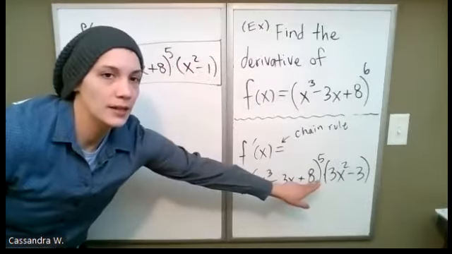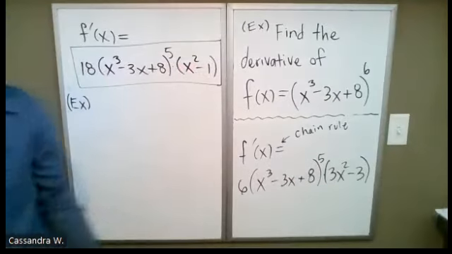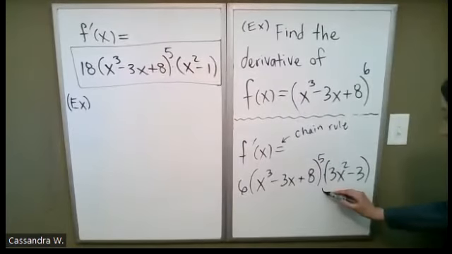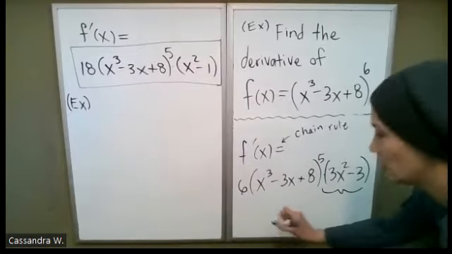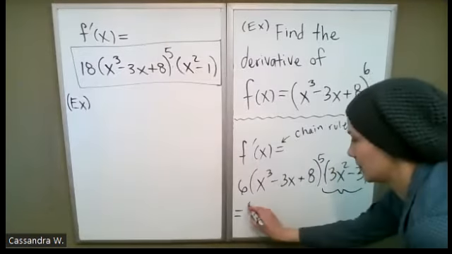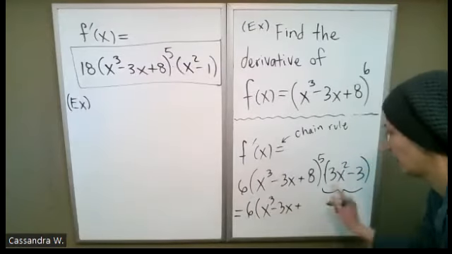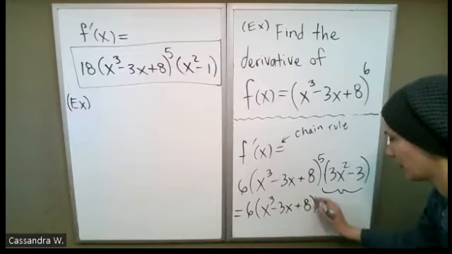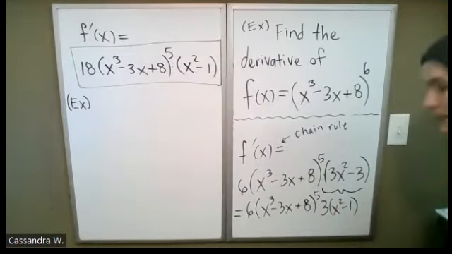Factor out a 3 right here, and then multiply it up front with that 6. Oh wait, you simplified the second equation. You divided by 3. It's the same thing as 3 times x squared minus 1, right? Yeah. Okay, I think I see what you did there.